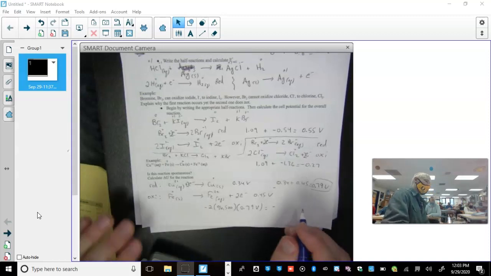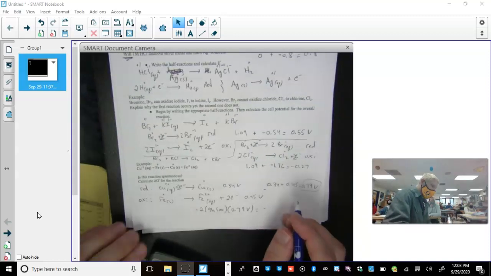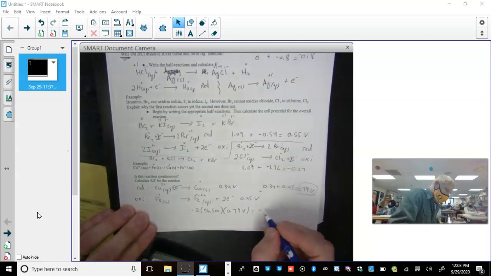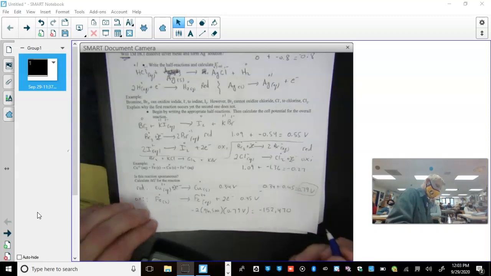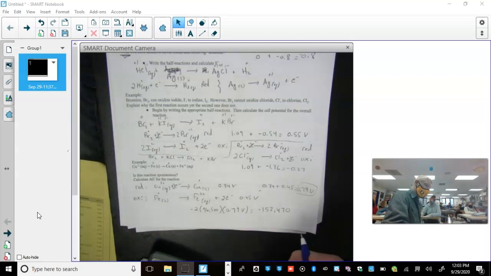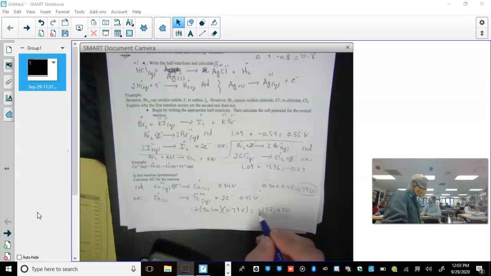So that's our moles, negative N. So that gives us, there it is, negative 152,470. Key to our answer is negative.